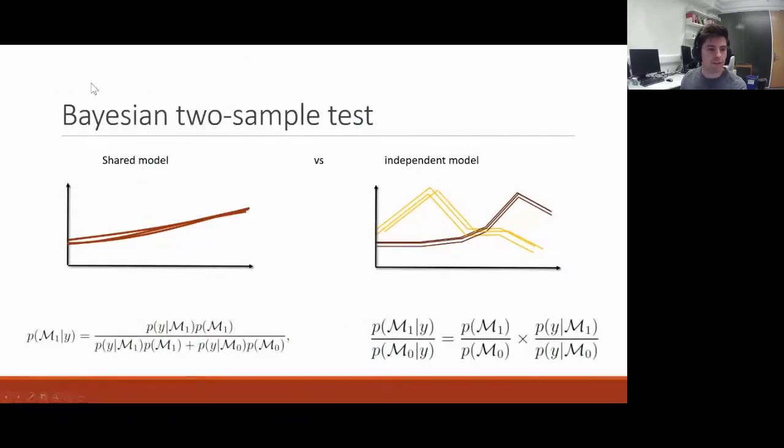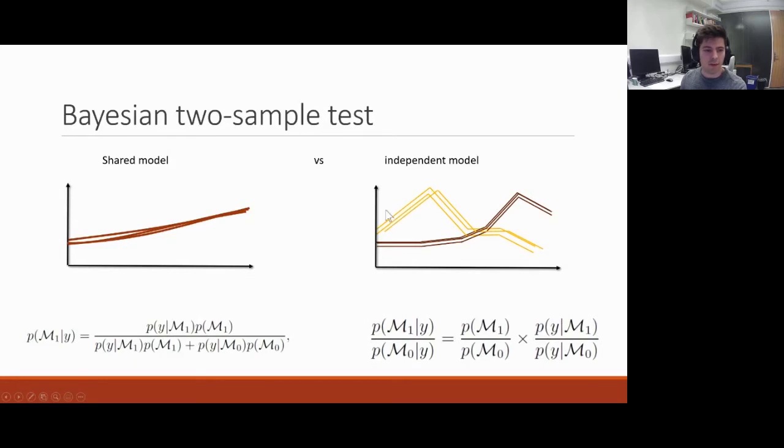How are we going to do this? Well, we're going to develop a Bayesian two-sample test, and we're going to weigh up whether a simple shared trajectory, so the same pattern for both the modified and unmodified version of the peptide, versus an independent model where the modified and unmodified version of the peptide have different profiles. And this is indicative of a change in localization.